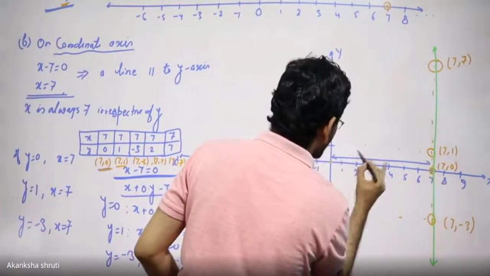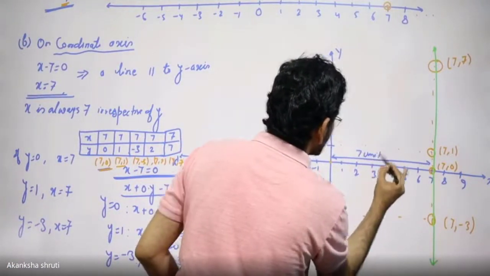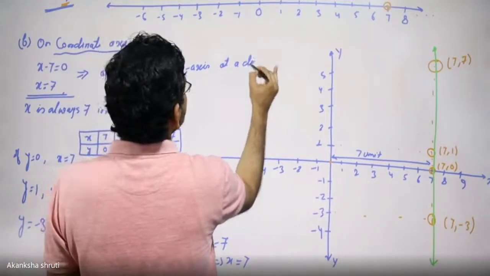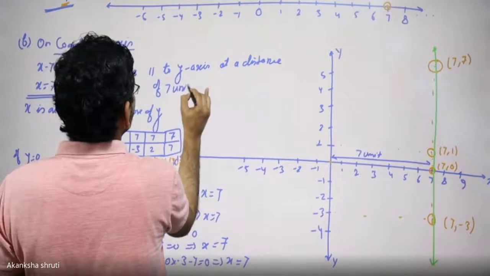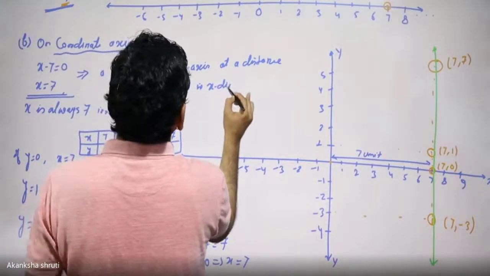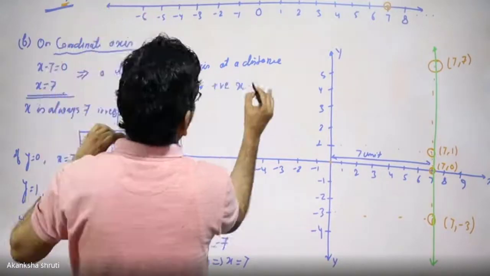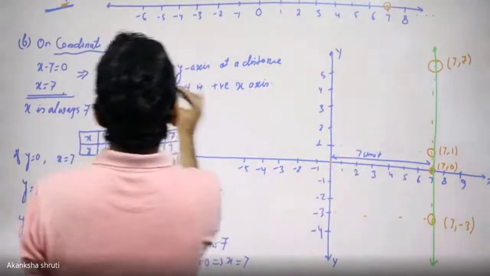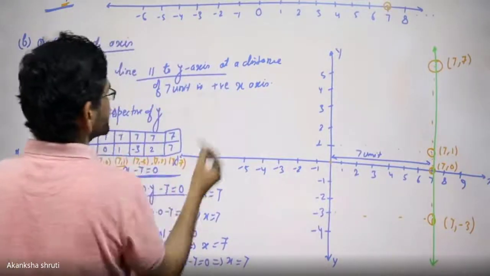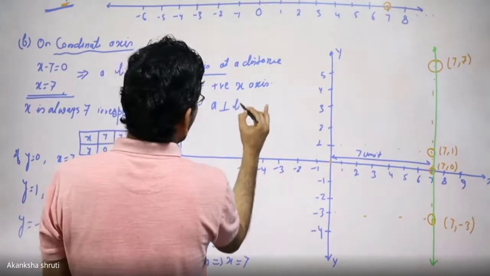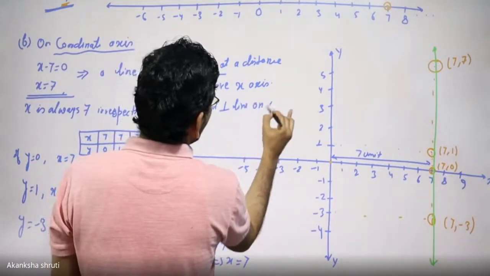It is our 7 units, at a distance of 7 units in x direction, in positive x. It is this one. Okay, so it is a line parallel to the y-axis or a perpendicular line on the x-axis.